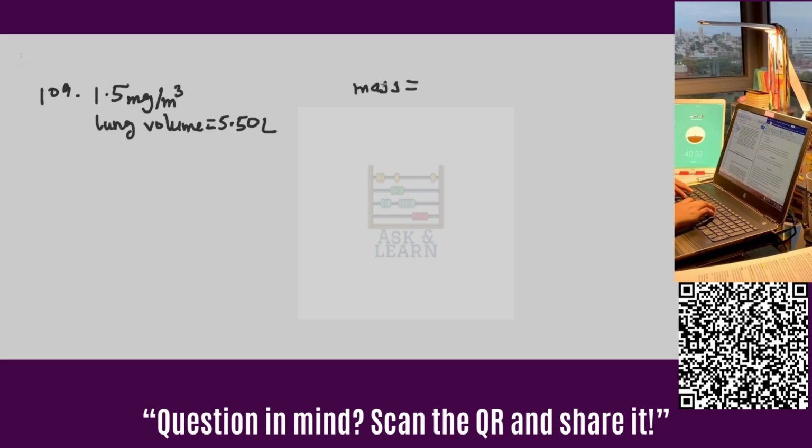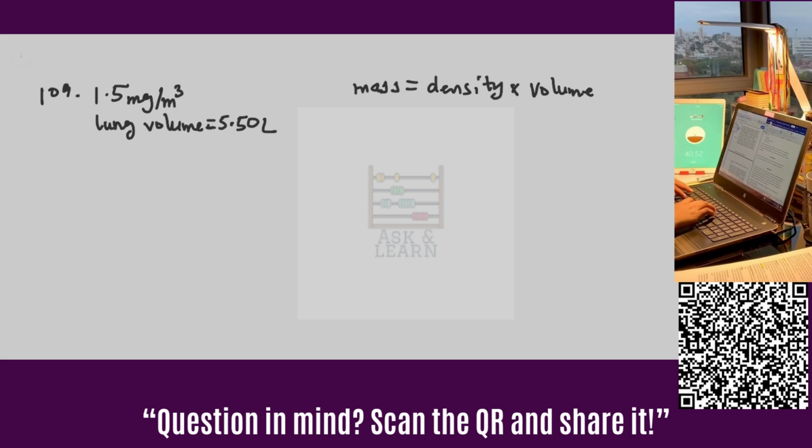Given this expression, we can determine the mass by multiplying density by volume. 1.5 milligrams per cubic meter is essentially a density value.